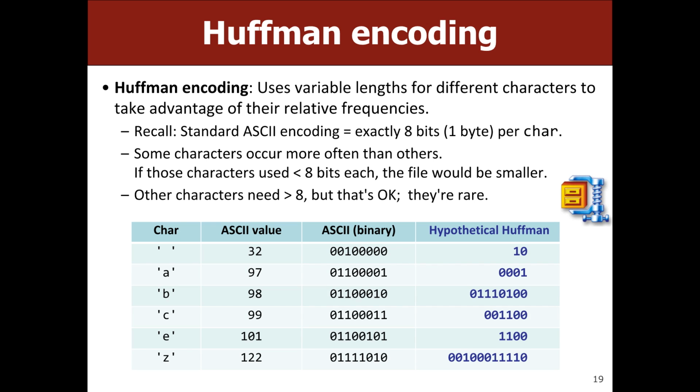What we want instead is variable length, where spaces and A's are shorter than 1 byte, only 4 bits instead of 8. But something like Z might be longer. That's okay because we use fewer Z's than we do A's. So overall, if you have a large enough file, your file will still be smaller.